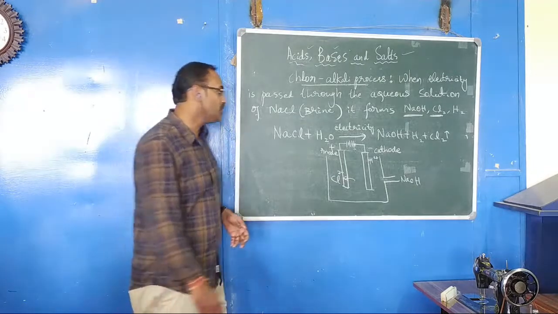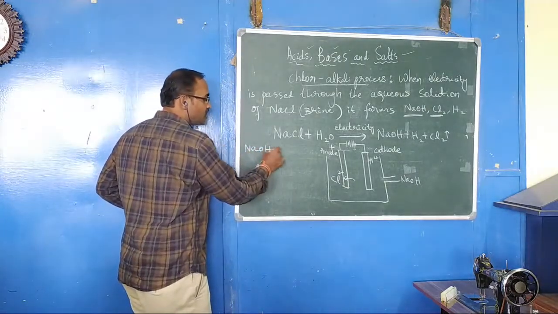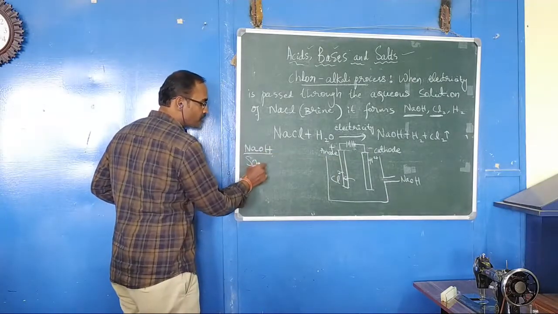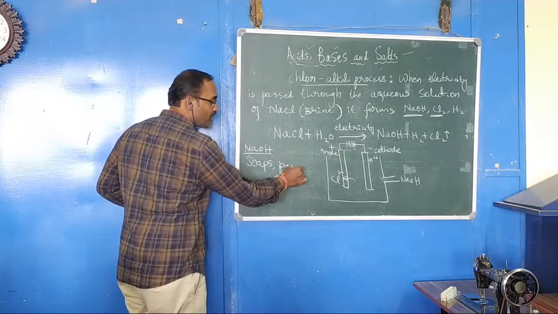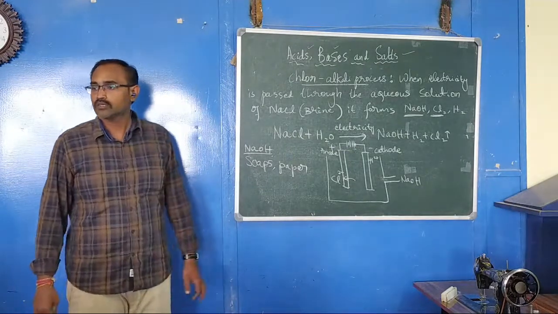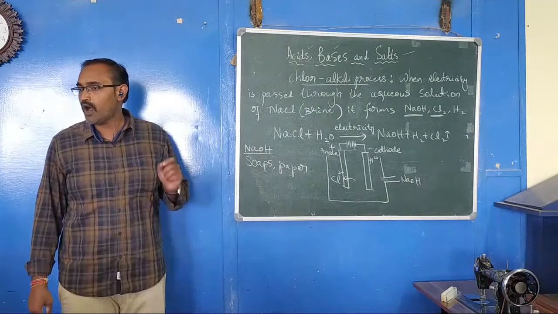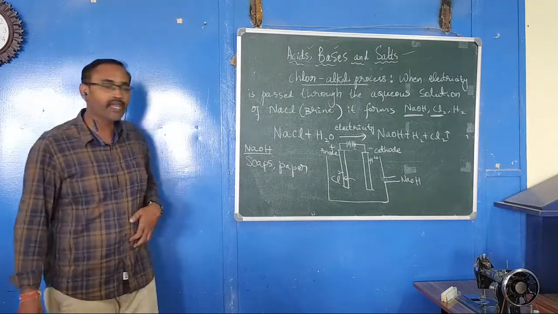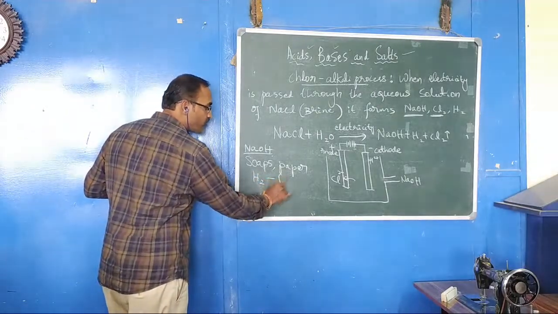First of all, sodium hydroxide, which is formed at the cathode, is used for making soaps, for making papers. Sodium hydroxide is used in the manufacturing of soap and paper. Hydrogen, you know that it is used as a fuel.